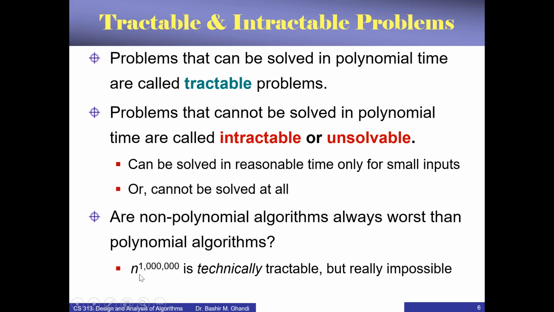So technically, we will say that this is polynomial and therefore is tractable. But clearly, n to the power 1 million is an impossible number. So even though technically it is polynomial, in reality it is actually impossible to solve.